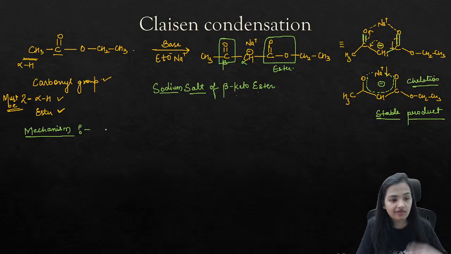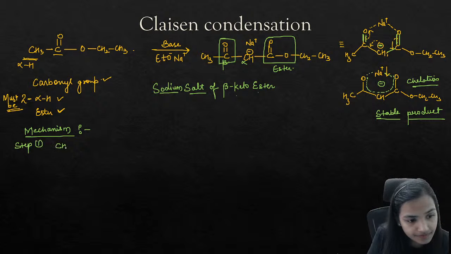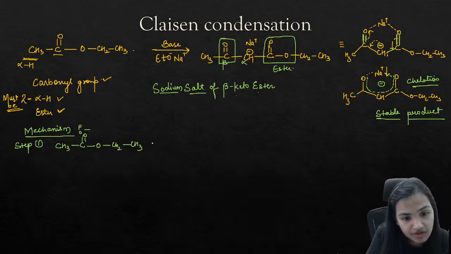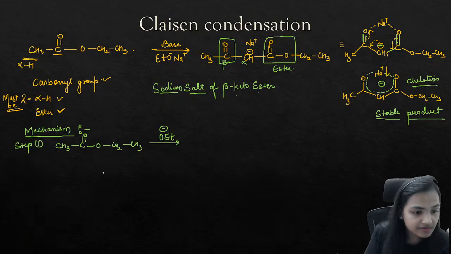So if I have CH3, CO, CH2, CH3 in step number 1, you have the presence of a base, which is OEt negative. So what will this OEt negative do? This OEt negative will try to pull the acidic hydrogen.